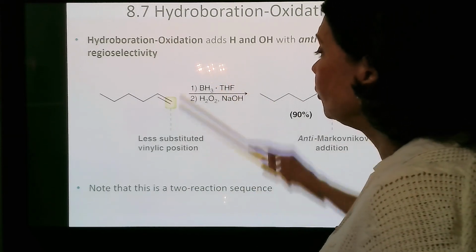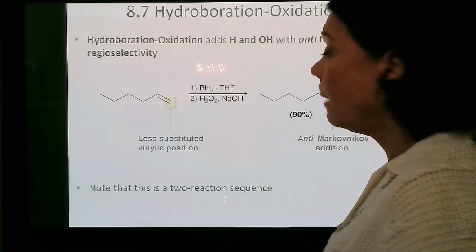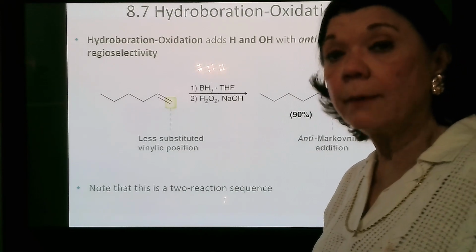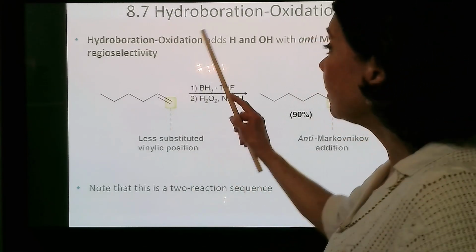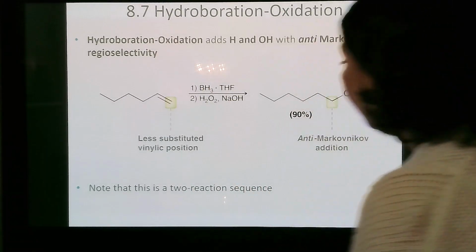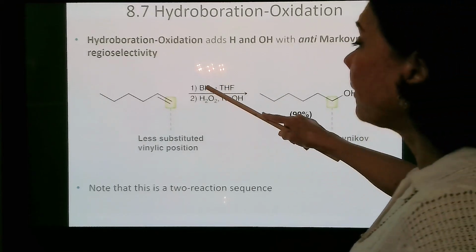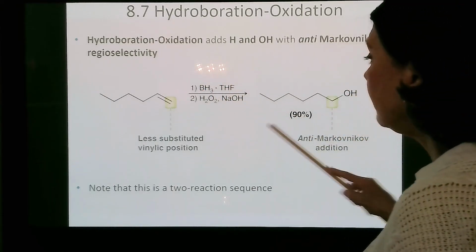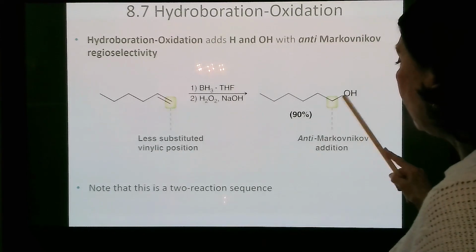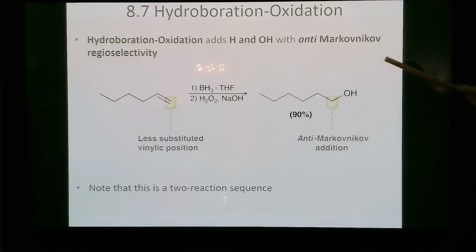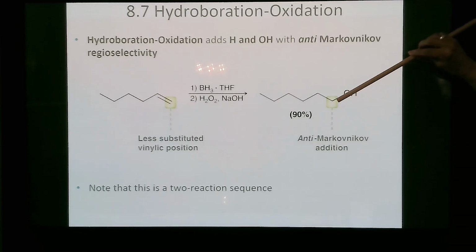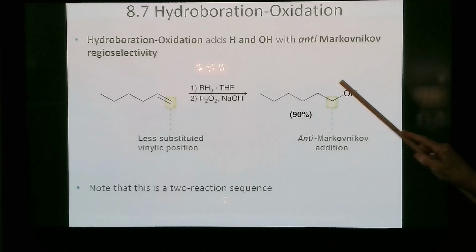And then this next step, the oxidation step, the carbon-boron bond is replaced by a carbon-oxygen bond. That's why it's called oxidation. So the first step is to form a carbon-boron bond, and then the boron is replaced by oxygen. And so now you've attached oxygen to the terminus of the carbon chain.